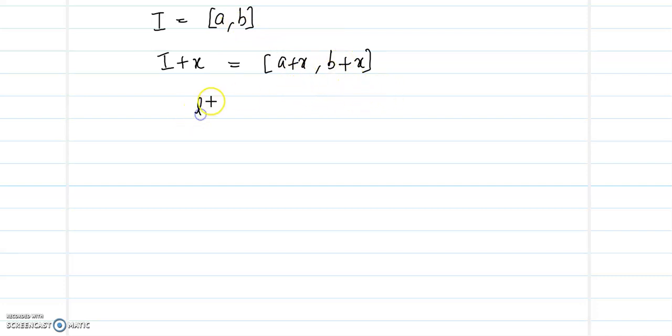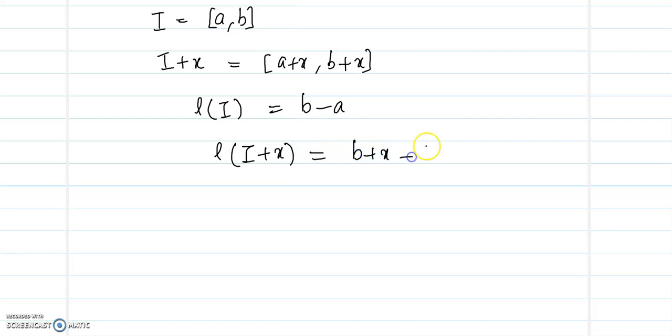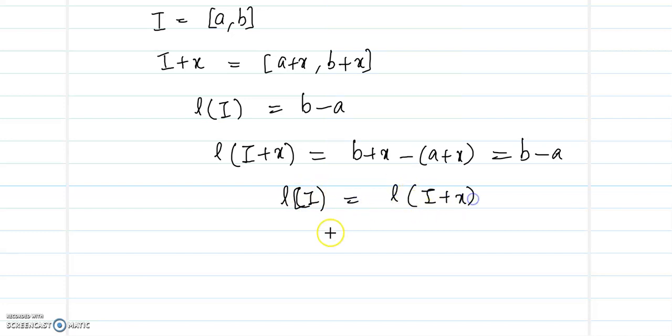Now the length of I is B minus A, and when you take I plus x, that will be B plus x minus A plus x, which is again equal to B minus A. So the length of the interval I is equal to the length of the interval I plus x.